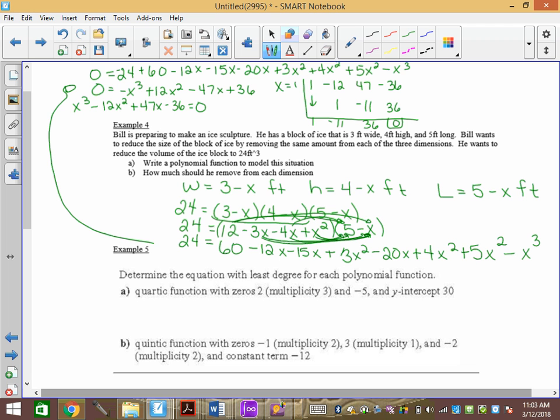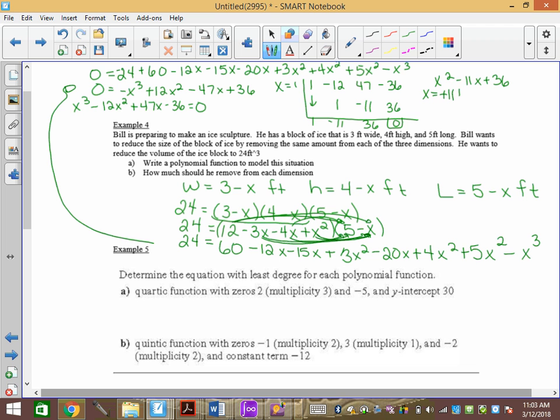Okay, so we have x squared minus 11x plus 36. Did anything factor to give you 36, or multiply to give you 36 and add to give you negative 11? Nothing. Okay, so we'll try quadratic formula.